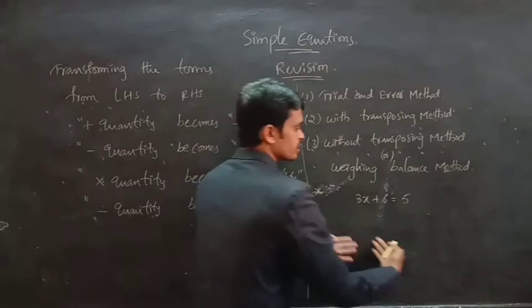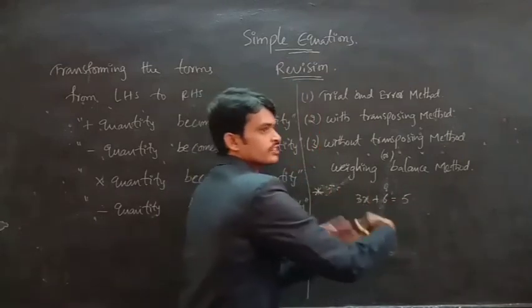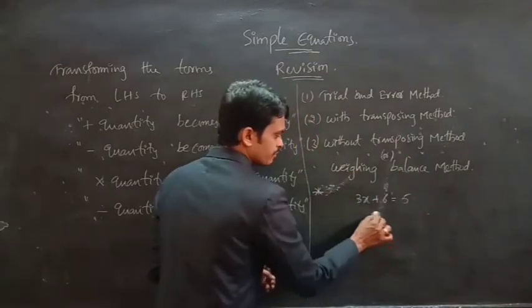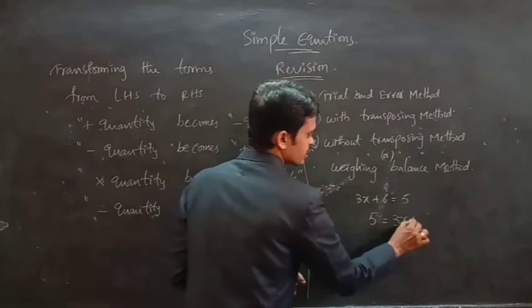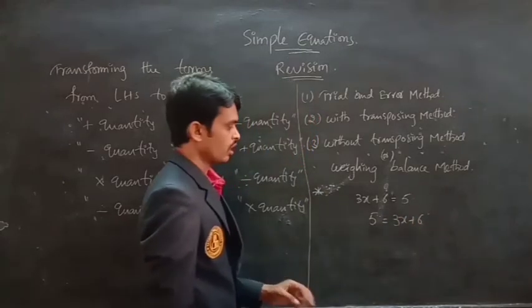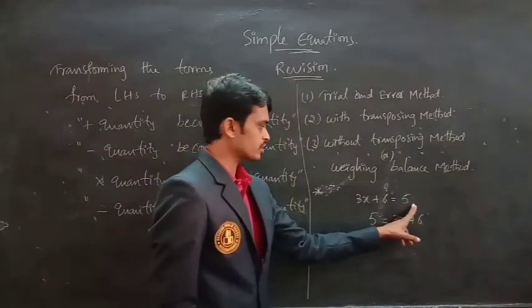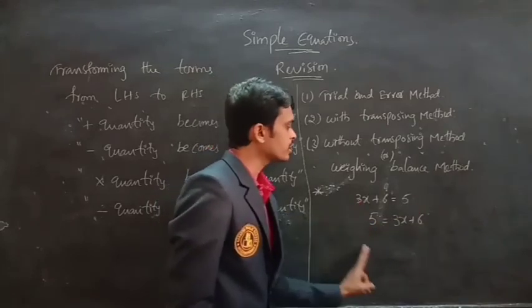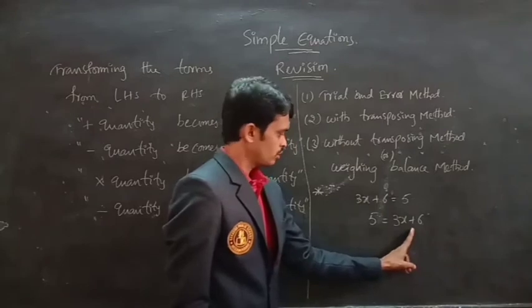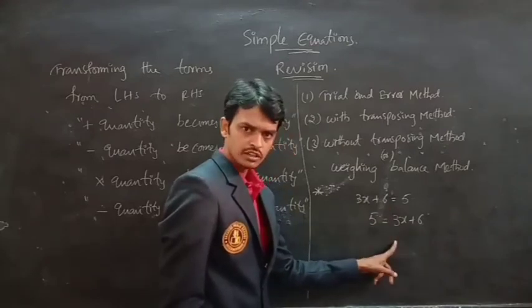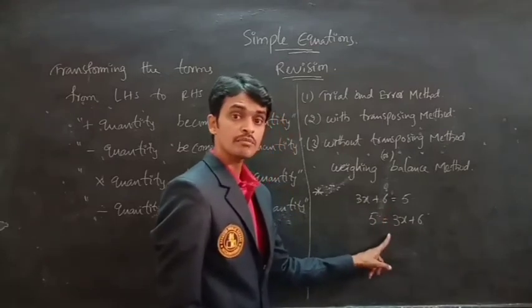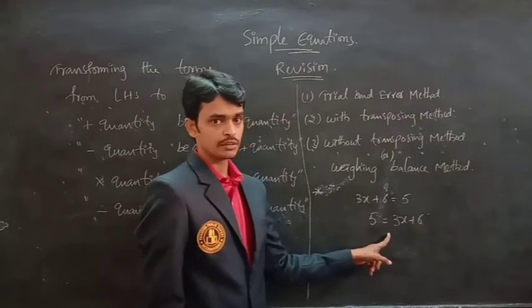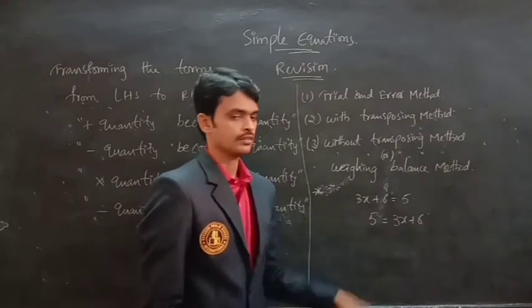If we write it as 5 is equal to 3x plus 6, the RHS is written as LHS and the LHS as RHS. Does the equation change? No, the equation remains the same.